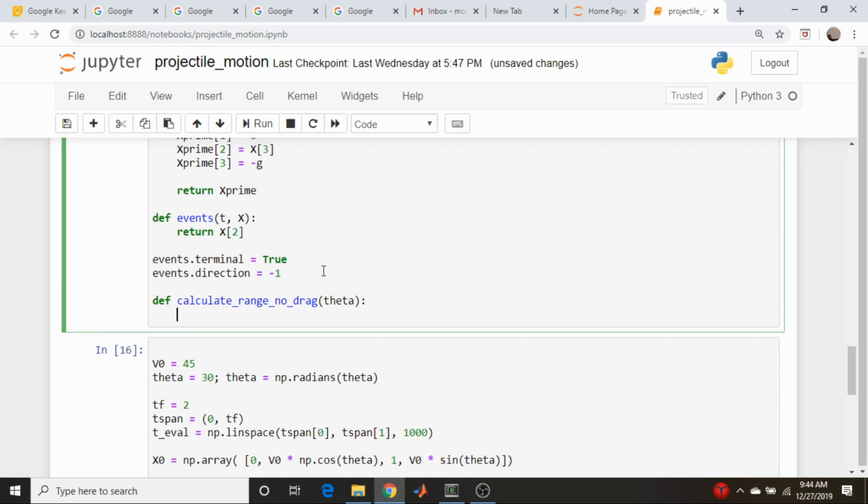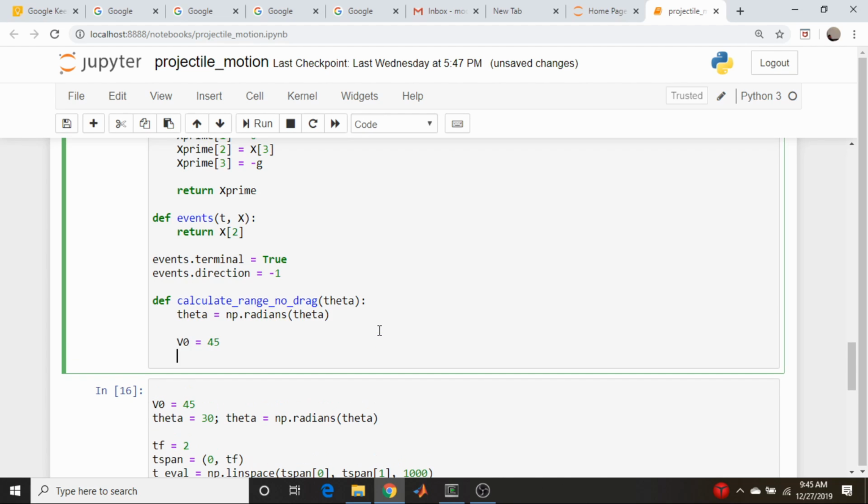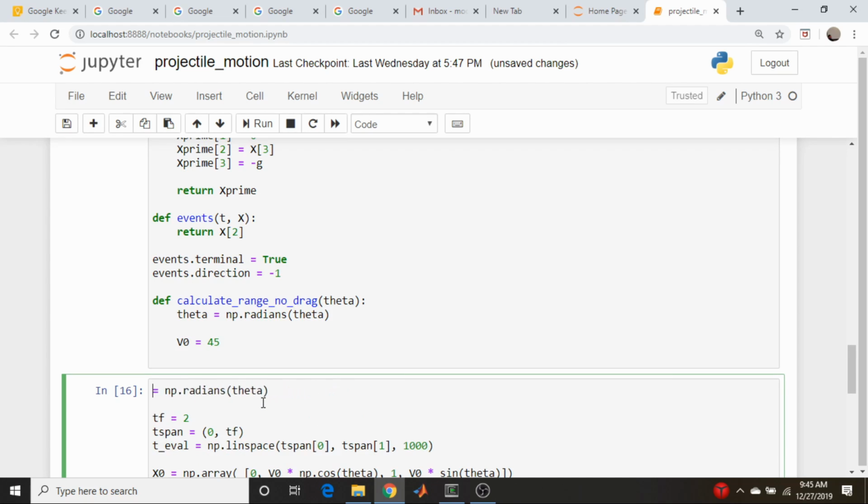So right away we need theta equal to np.radians of theta. Okay, so now we can just cut and paste a lot of this stuff down here. So our initial velocity is 45, so v0 is equal to 45. Let's just delete that from here. We don't need this theta line.